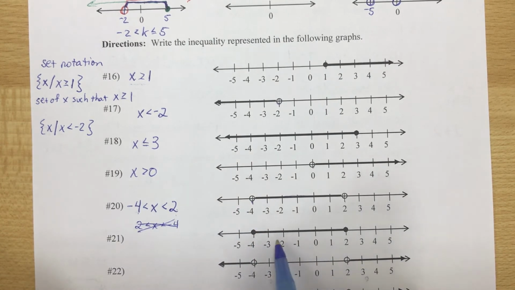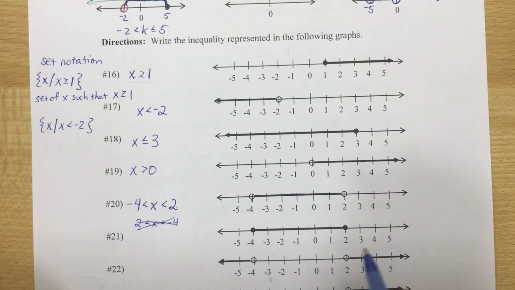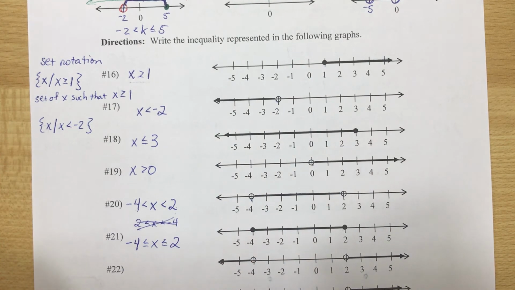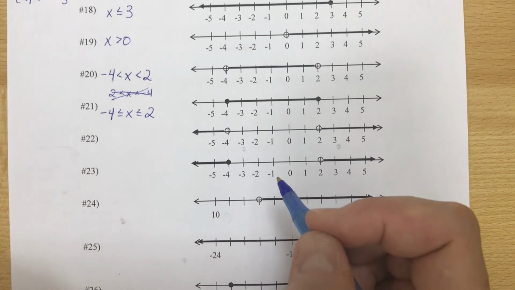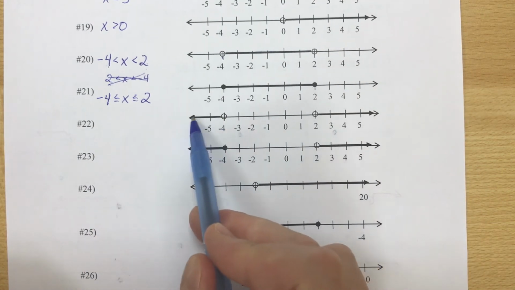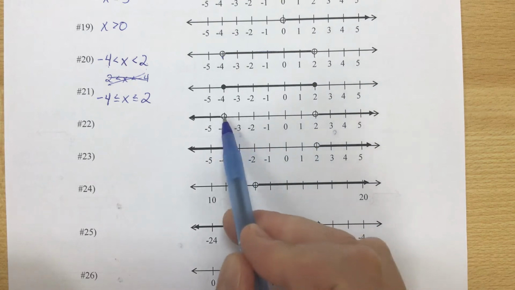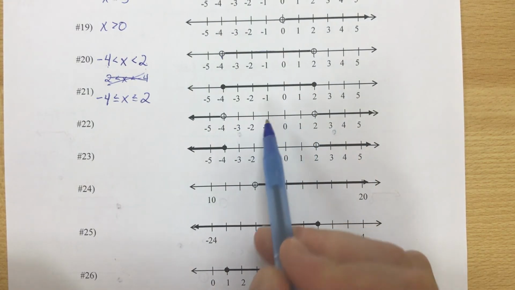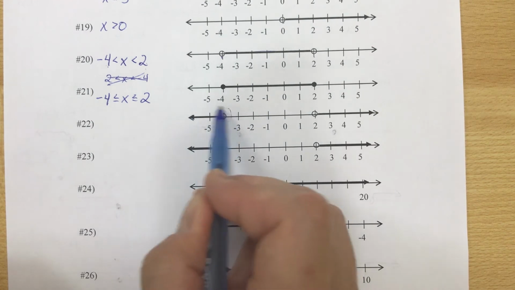Now 21 is the same problem, except these are both closed. So we would say -4 less than or equal to x, less than or equal to 2. In 22, notice that we have the shading in both directions, to the left and then to the right. Now it's not between them, so we're going to write this. We'll take the first piece here.